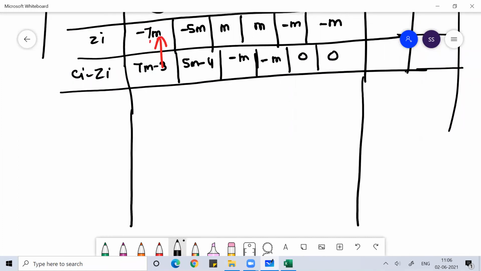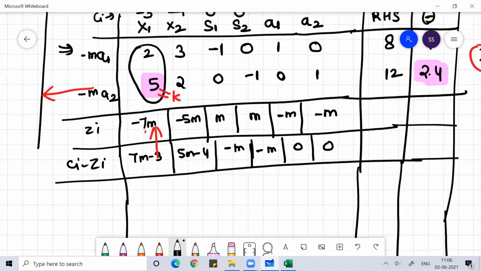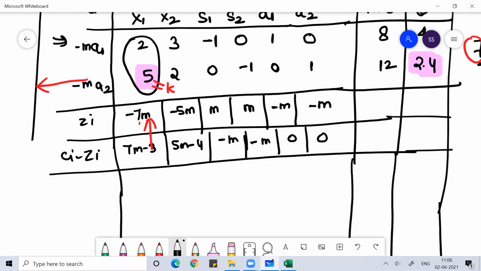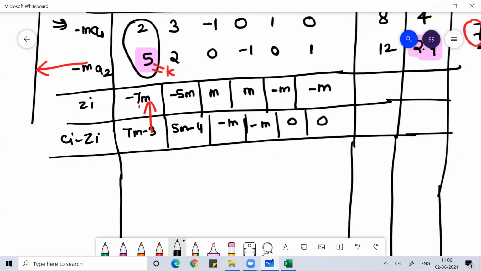Now iteration table 2. This was iteration table 1, now I'm doing iteration table 2. So here minus M for a1, and in place of a2, x1 will come, where the coefficient of x1 is minus 3, and the pivot element was 5.